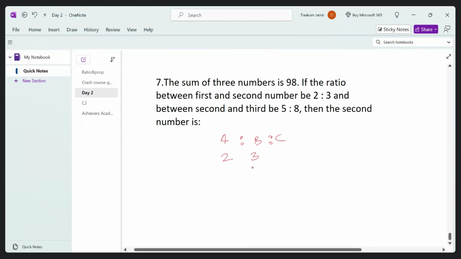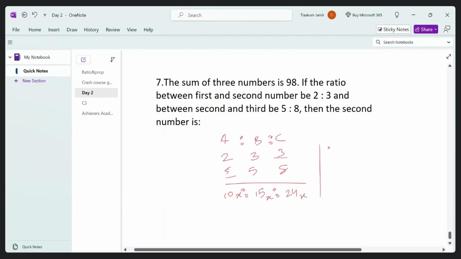Second and third are in the ratio 5 to 8. Here make the 3 into 5 and the 5 into 3: 5 twos are 10, 15. Then 24. These are the ratio of A, B, and C, first, second, and third, with x as the variable.